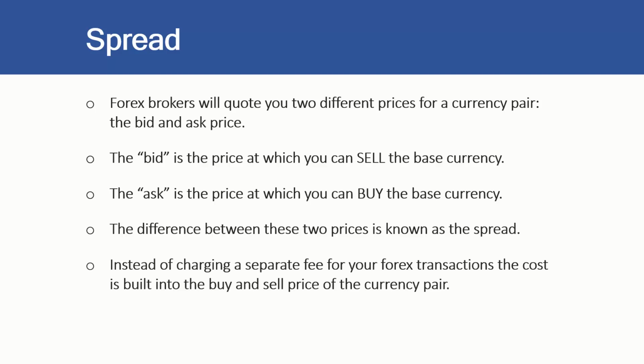Instead of charging a separate fee for your Forex transactions, the cost is built into the buy and sell price of the currency pair. So the broker makes money by selling the currency to you, and the broker also makes money by buying the currency from you. The difference between these two prices is the spread, and it can be known as the fee for trading.